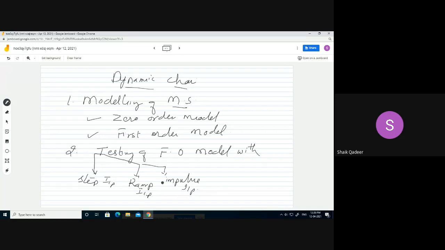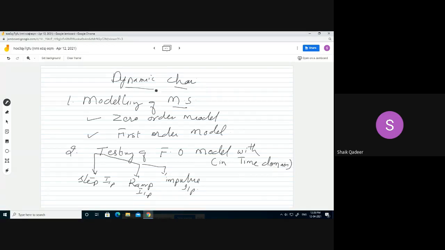After seeing the modeling of a measurement system as zero order and first order, it is asked to see the testing of the first order model with these three excitations in time domain. Maybe some things look new to you. Don't worry, we are going to discuss these things in detail later.